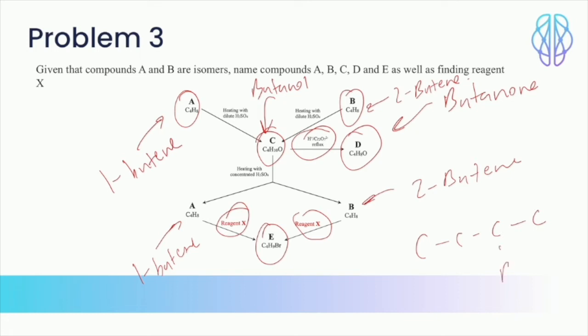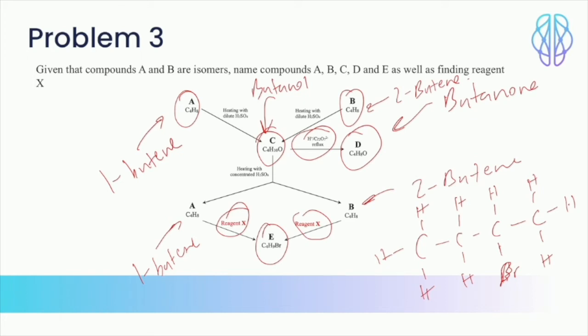Now, if we draw this thing out, we know there's a bromine here. So that's C4H9Br, right?